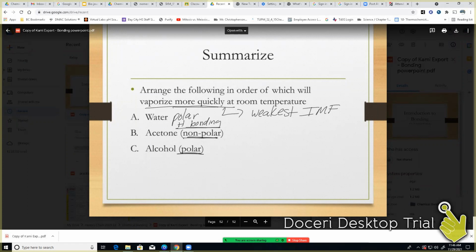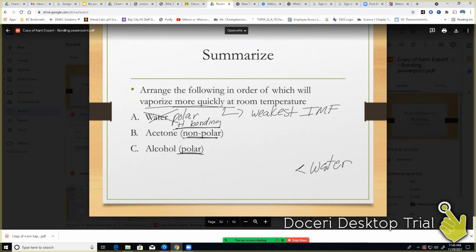Our water, right? Because we said hydrogen bonding is the strongest IMF, and that's the only one of those three that has it. So water should be my one that is listed last. Strong IMF, it takes a long time for it to evaporate. So I got rid of that one. So now I have these two.